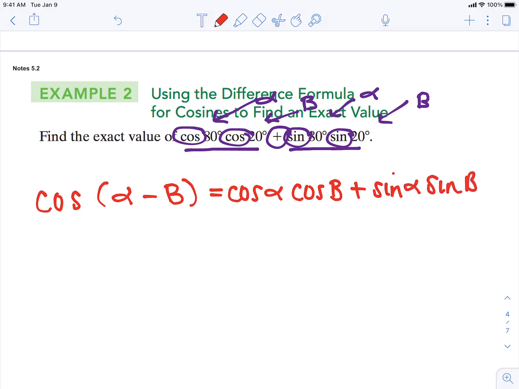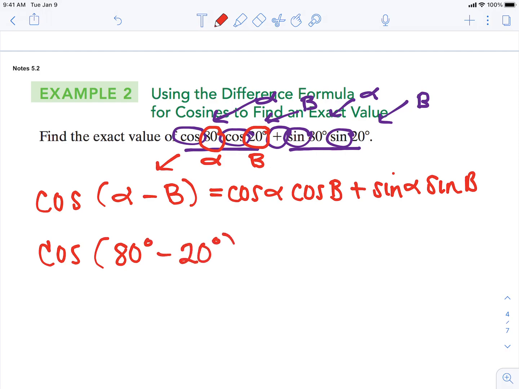And now we sub in what we know. So 80 degrees is going to be our alpha, and 20 degrees is going to be our beta. And we're going to substitute it into this left side of the equation. So the cosine of 80 degrees minus 20 degrees. And then we can simplify that, which is 60 degrees.